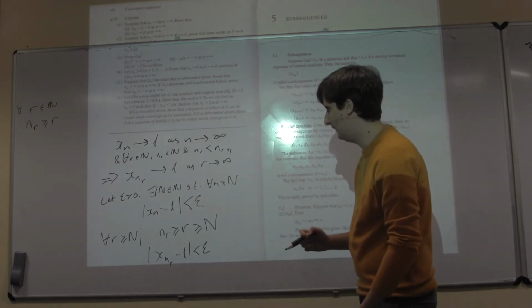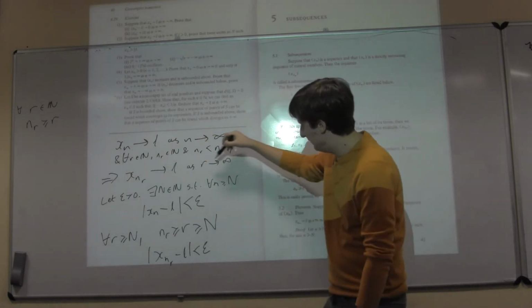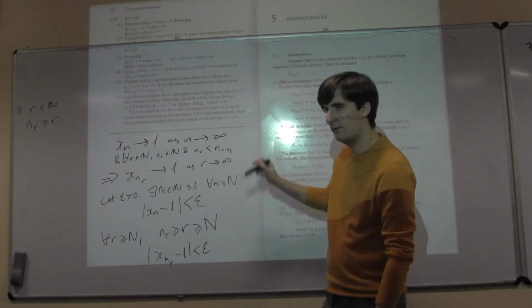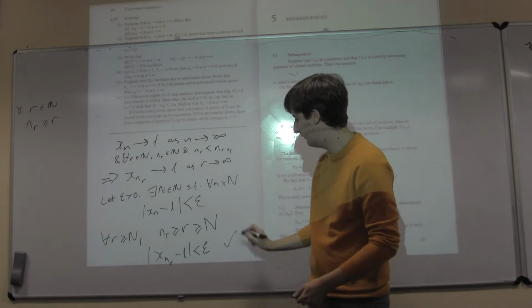So we've proven that xnr tends to L as r goes to infinity. So that's all we needed.